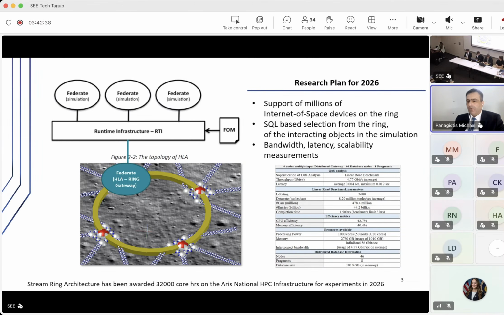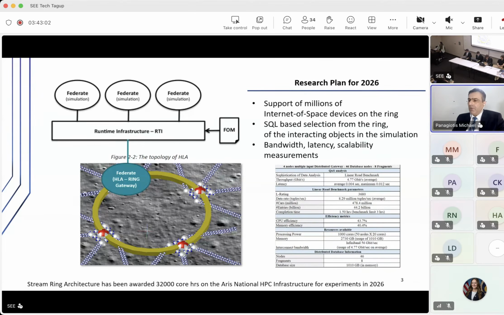As an example, among the population of astronauts and Internet of Space devices on the Moon, we will be able to select the ones who demonstrate cardiac problems and allow their interaction with support federates such as the cardiac intensive care unit federate and the ambulance rover federate, simulating first aid operations.